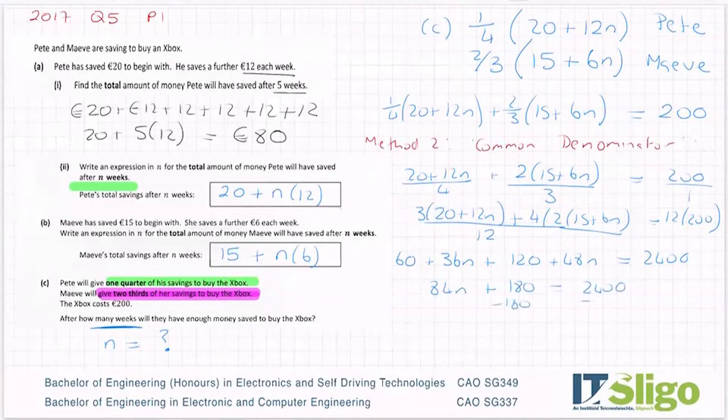Minus 180 from both sides, and I will get 84n being equal to 2220, and divide by the number in front of n. I get n is equal to 26.43. So the number of full weeks, n, is 27. It didn't matter how you did that. It's just whichever way you see.